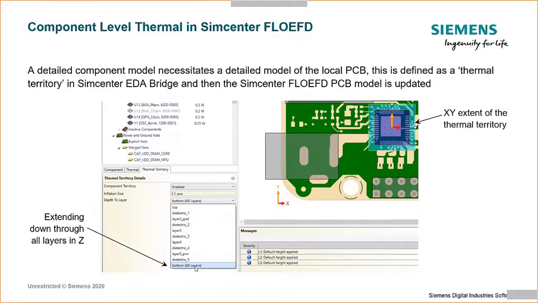And this is defined in Simcenter EDA Bridge, where with that detailed QFN component selected, you can define a so-called thermal territory. And this is done by defining an inflation size to define the XY extent of the thermal territory surrounding the component. And then also a definition as to how far down into the PCB the thermal territory should extend, in this case all the way down to the bottom layer.